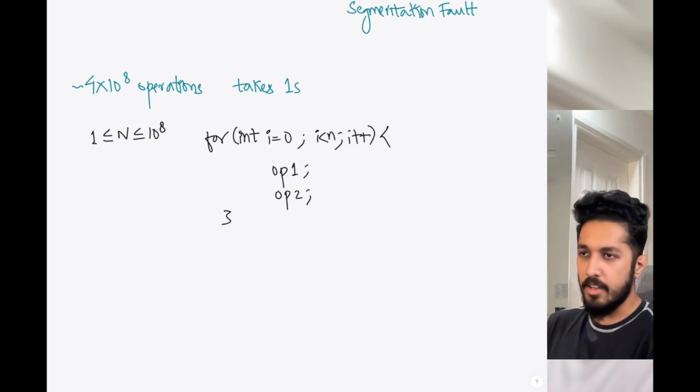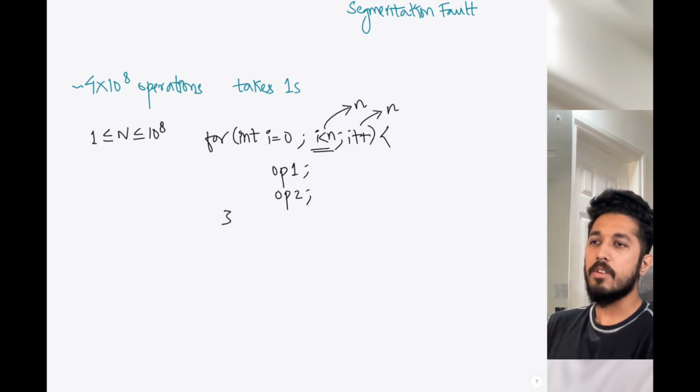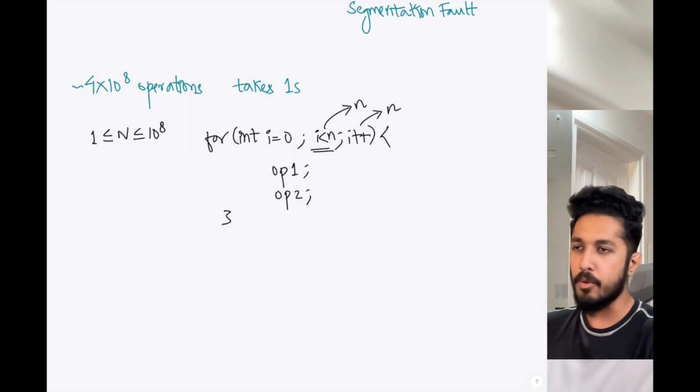This condition will run nearly n times, and this increment will also happen almost n times, actually n plus 1 times, but let's round it off to n.